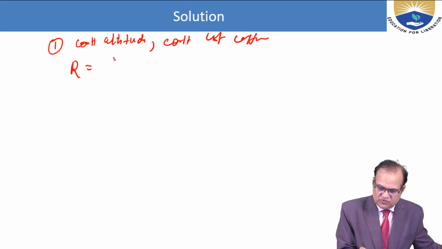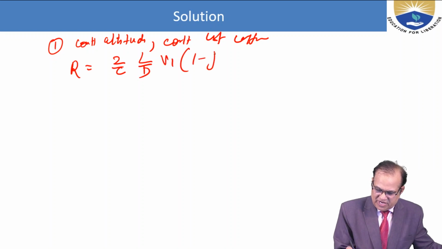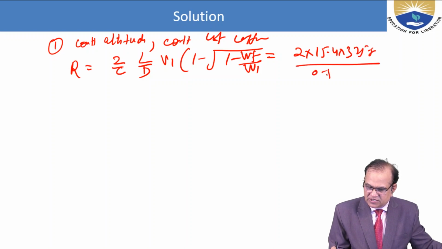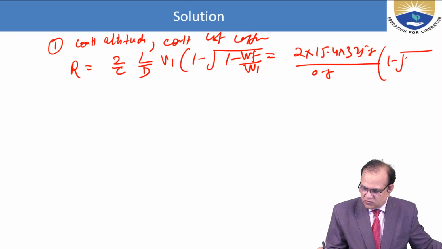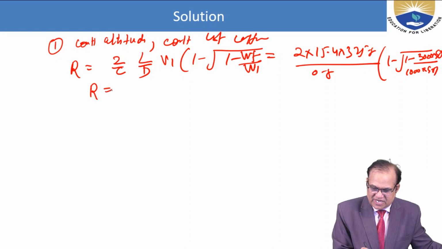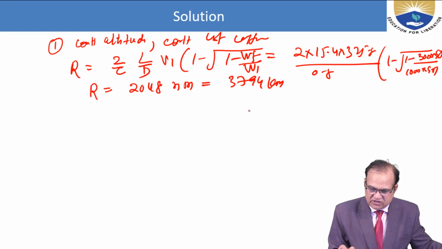So this R is equal to 2 by C, L by D, V1, 1 minus under root 1 minus WF by W1, and if you put this value you will get all the things. 1 minus under root 1 minus 30,000 into 9.81 divided by 100,000 into 9.81. So this R you will get here 2048 nautical mile or 3794 kilometer.